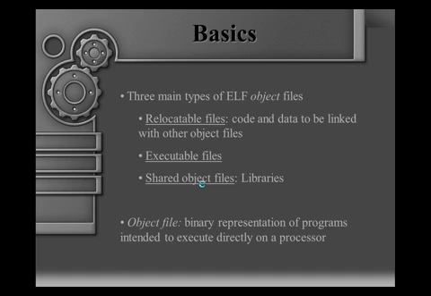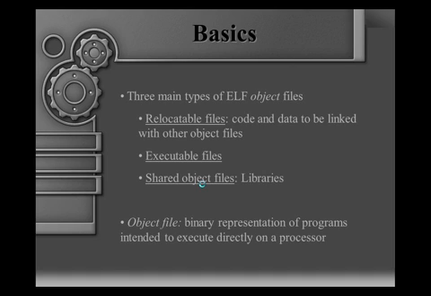Next is your object file. Means what is the object file? As I told you, whenever we convert a high level language program or any program into the binary representation, that is known as the object file. That is the binary representation of programs intended to execute directly on a processor.